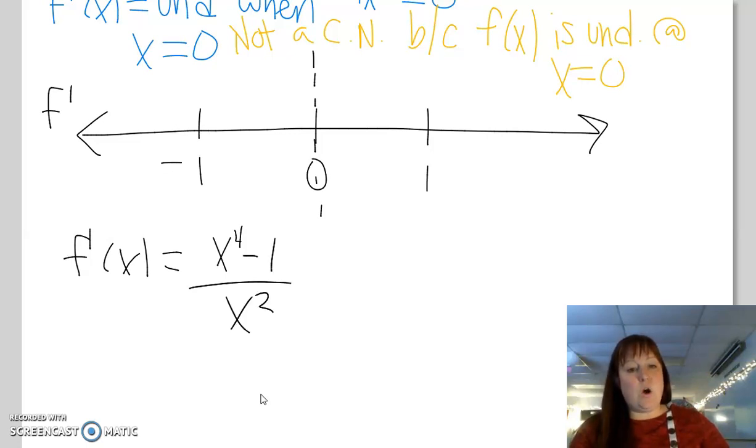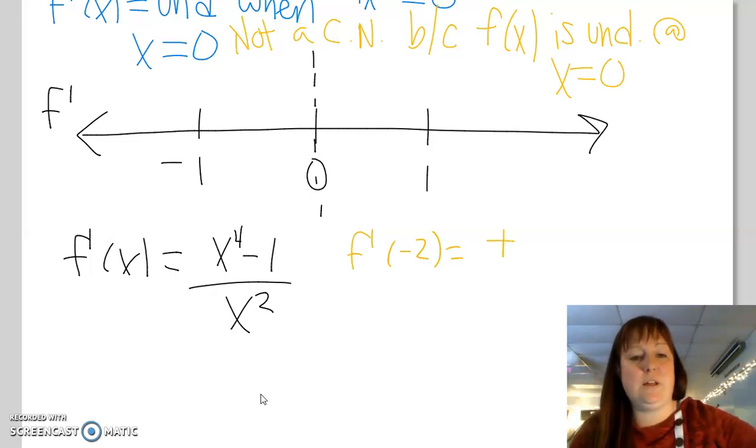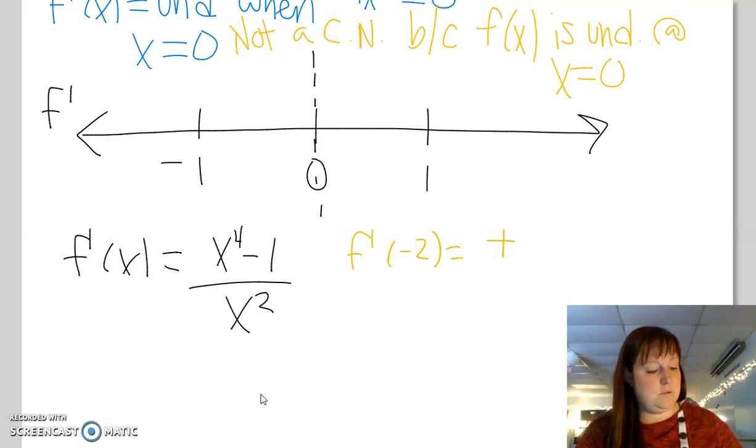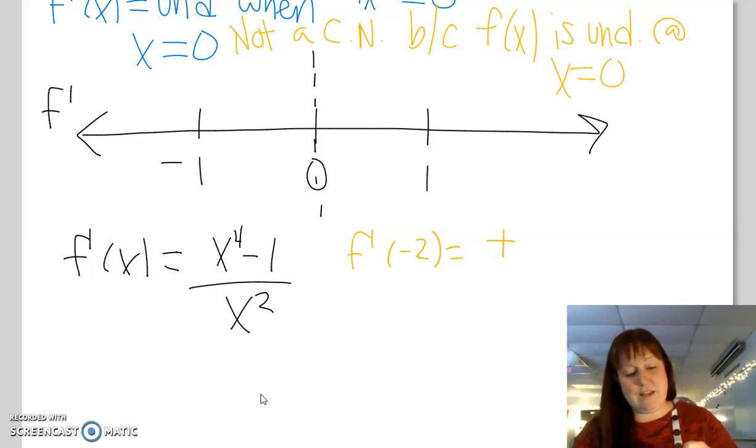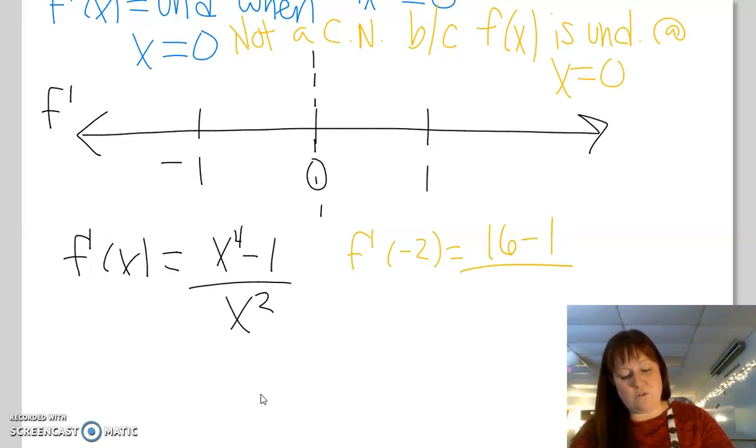Okay, so f prime of -2 will give us something on the other side of -1. So this is a big positive number, like 16. I know that in my head. Great. Okay, so that's 16 minus 1 over 4. So this is going to be positive, this is going to be positive. So on the left side of -1, it's going to be positive.